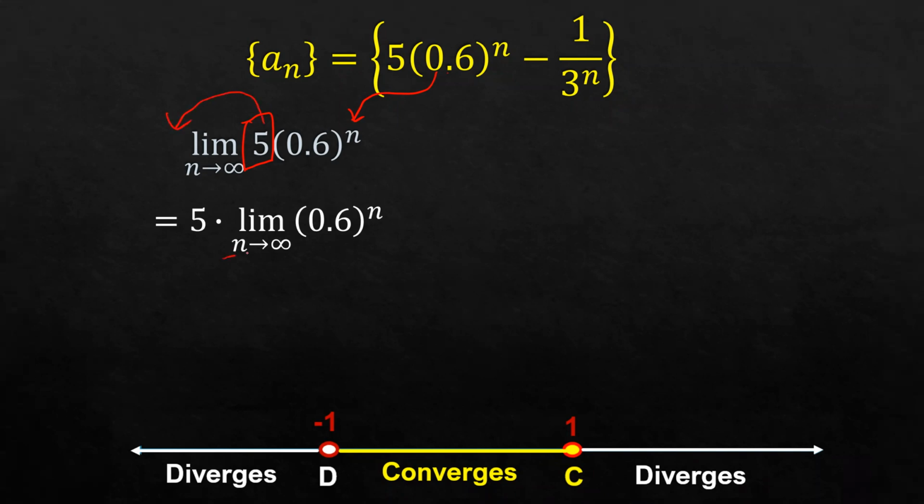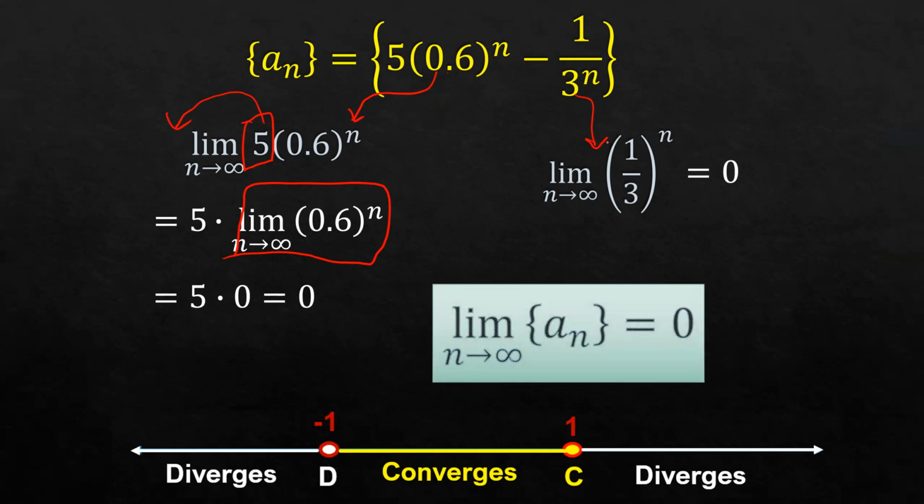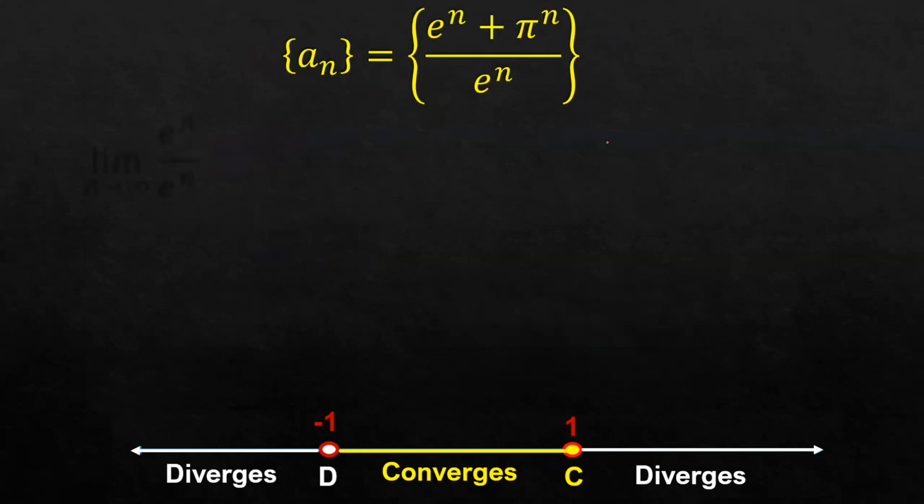And this we know when the ratio is less than 1, that thing converges to 0. So 5 times 0 is still 0. This one is this with the ratio of 1/3, and that converges to 0. So overall, we would say 0 minus 0 is 0. So the sequence a_n will have a limit of 0, or it converges to 0.